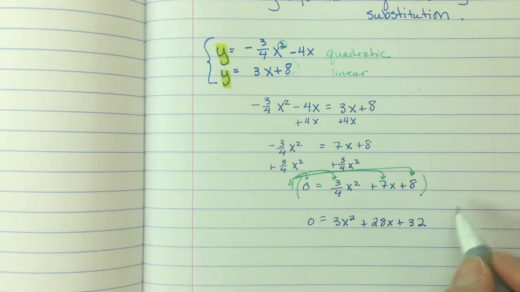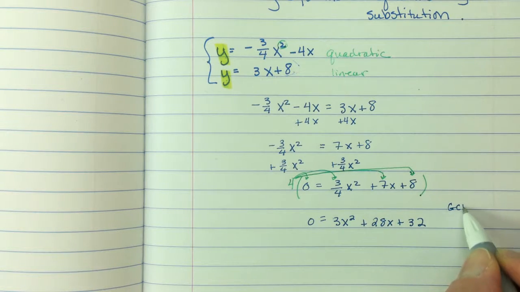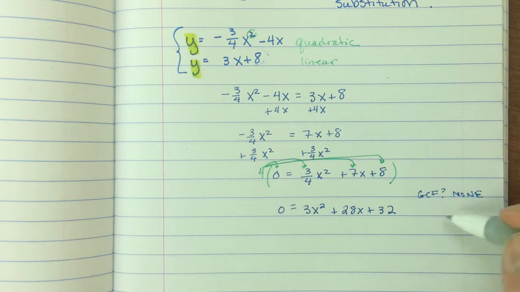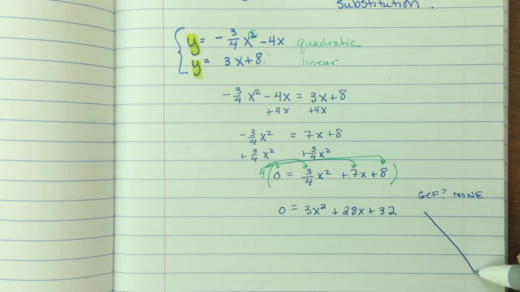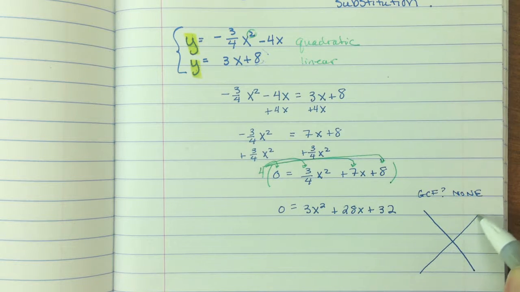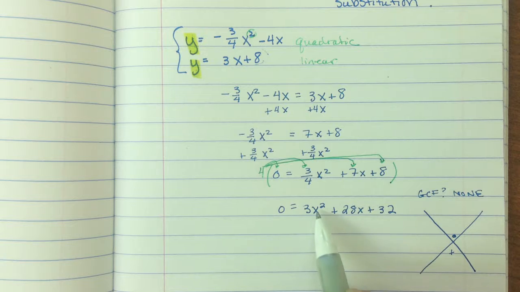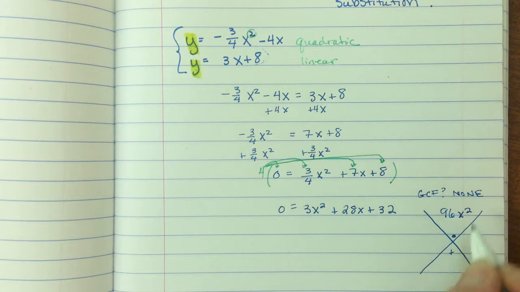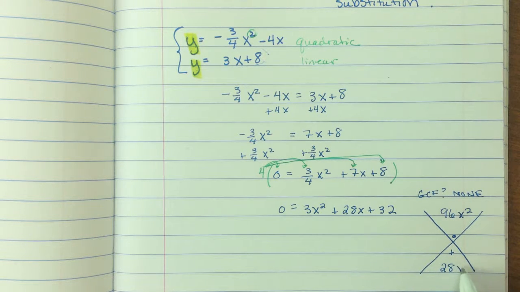I'm going to see if I have a greatest common factor, and the answer is there is none. So I'm going to go straight to my factoring, and this should look very familiar by now. I'm going to do 3x squared times 32, which gives me 96x squared, and my 28x is here in the middle.